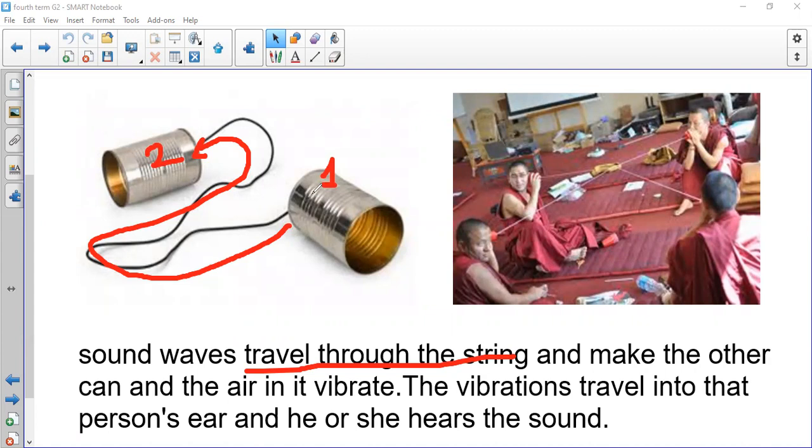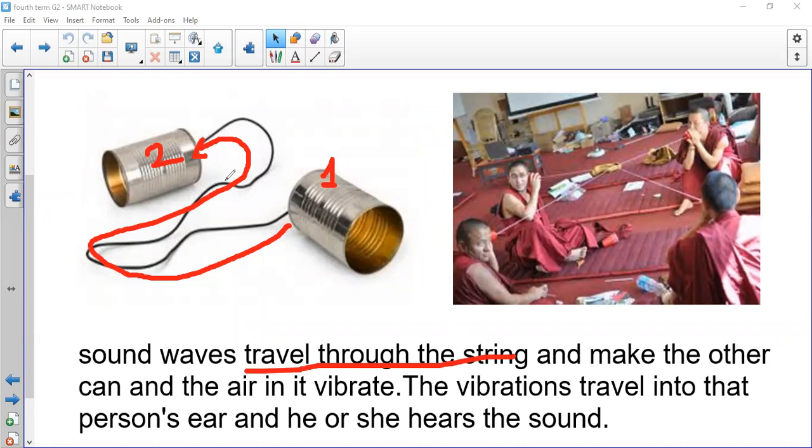The woman or the man who is speaking, speaks on the can, but on the other can they can hear him and it vibrates. Okay, but you didn't tell me that sound will travel through the string, right?